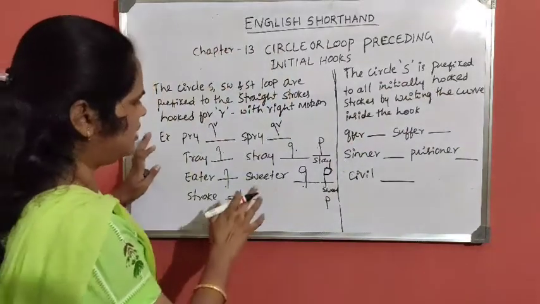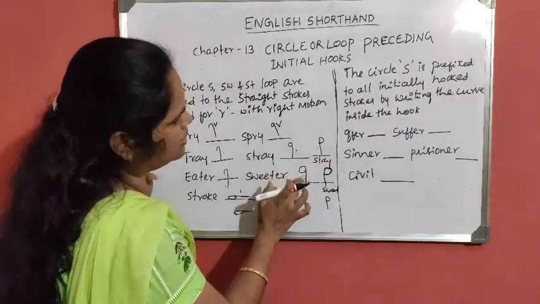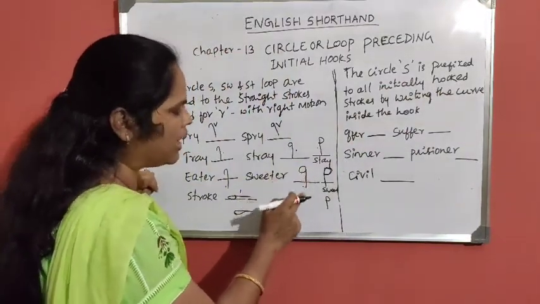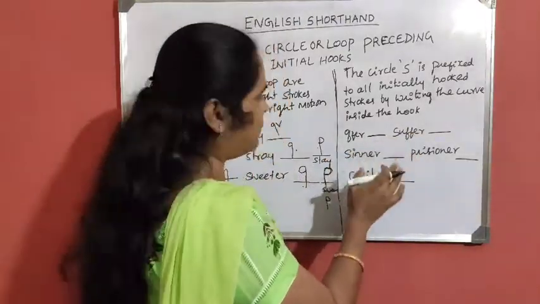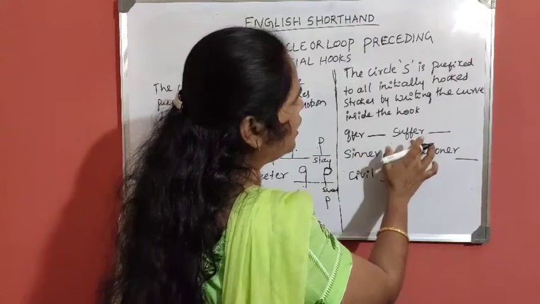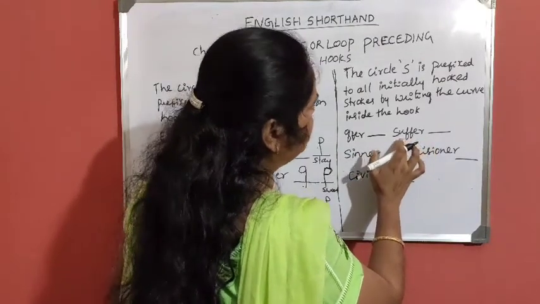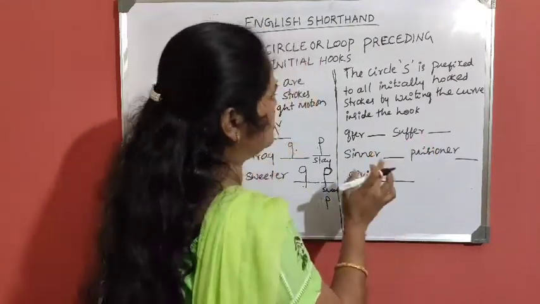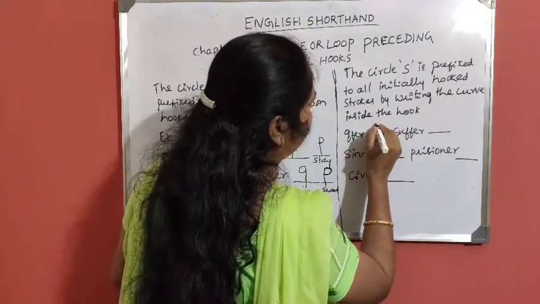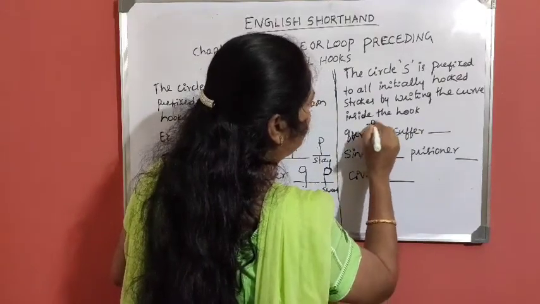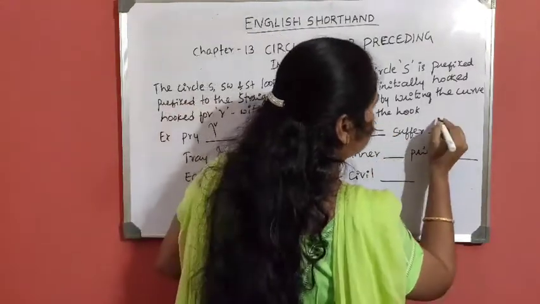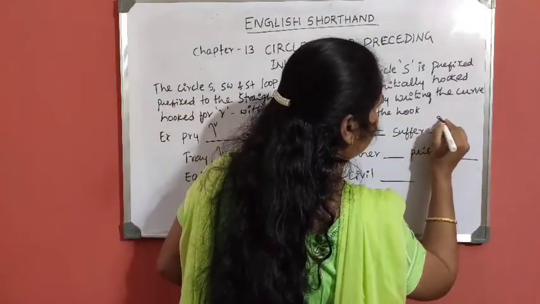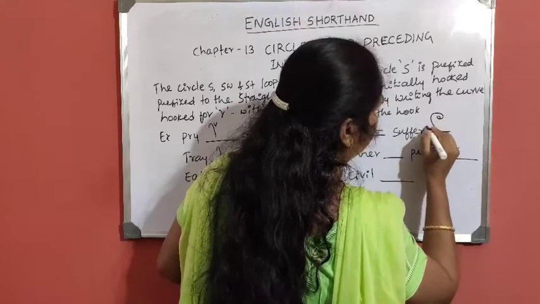Here this SW circle also includes the R hook, but here we will show it separately, the R hook as well as the circle S. I will show you how we have to write. This is offer. A vowel with fur. This is suffer. See, first you have to write one circle, then like this you have to write.